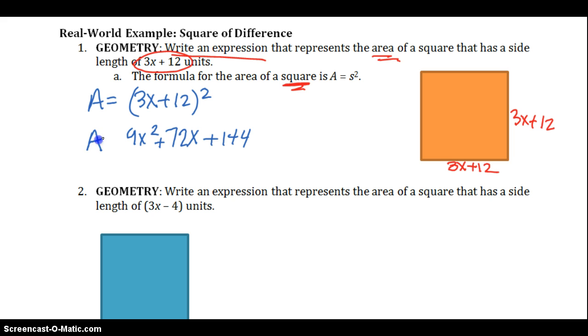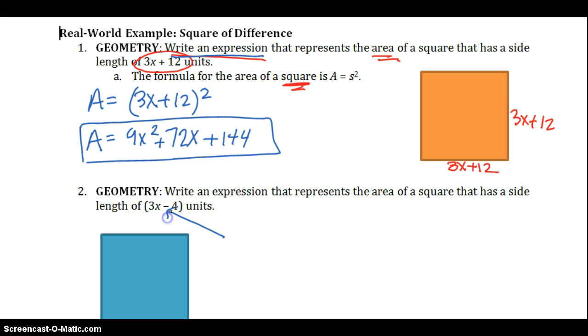So that is the area of that square. That's an expression that represents the area of that square. I'm going to let you practice this one. Beware, that is a subtraction sign. So you're going to be doing the square of a difference, the second one that we talked about.